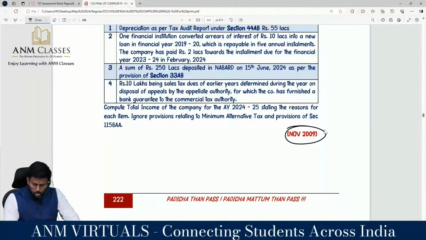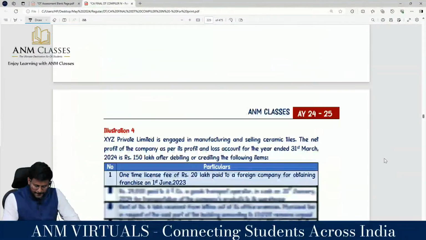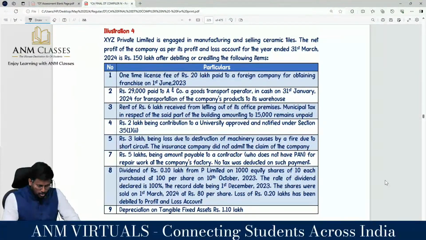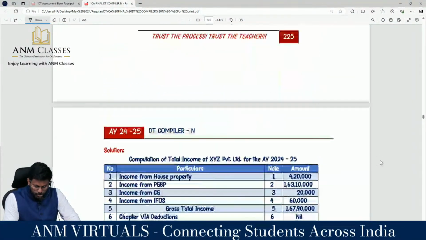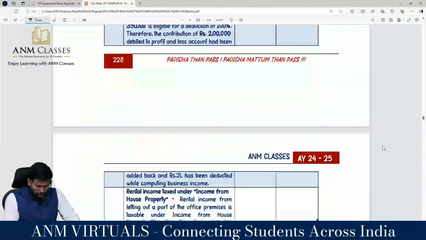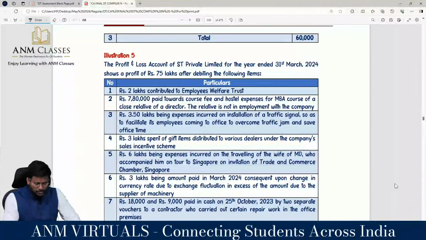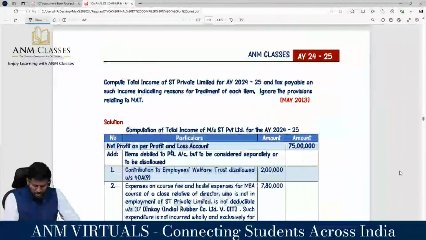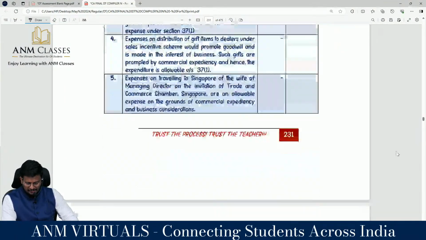This is November 2009 question. We will be doing illustration number 4, XYZ Private Limited. This is November 2011 question. We will be doing the last question, the 5th question, which is profit and loss account of ST Private Limited. This is asked in May 2013. So these are the 5 questions.